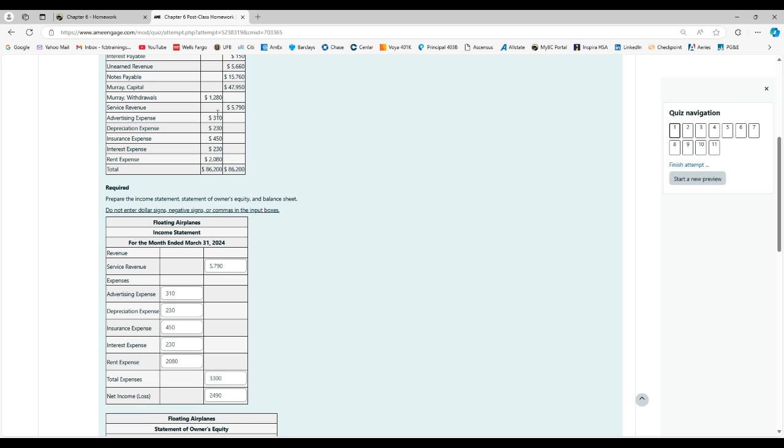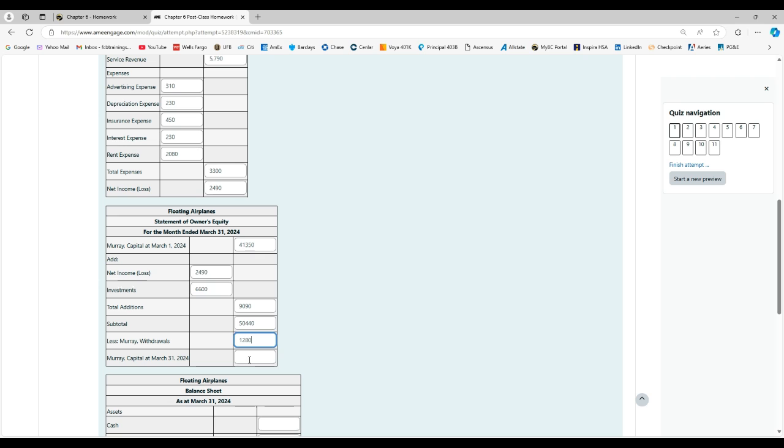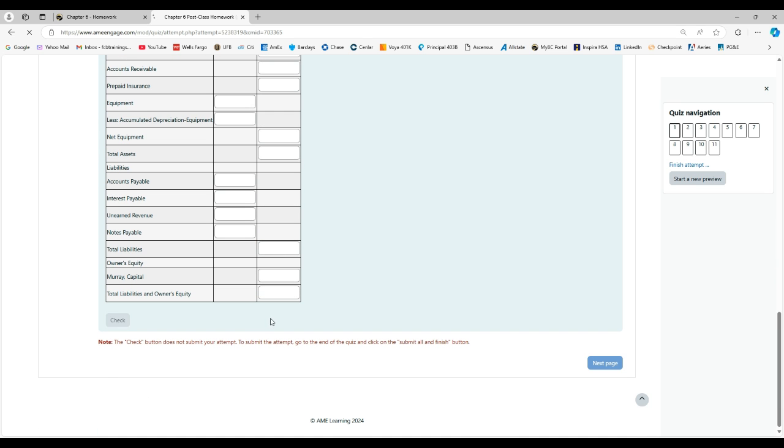And then we've got one final piece of withdrawals of 1,280. So we're going to back that out. 50,440 minus 1,280 gets us 49,160.